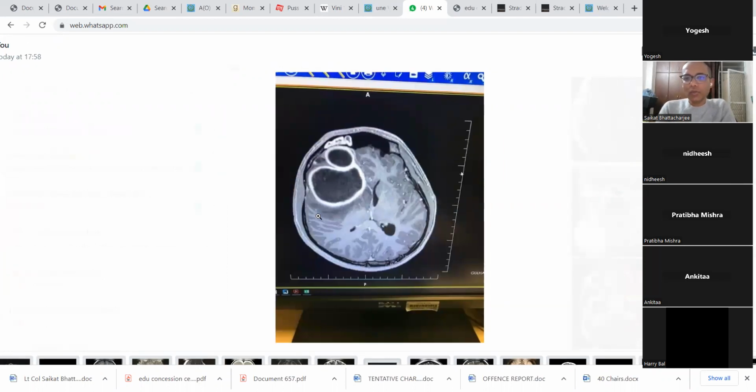Yes, Yogesh? Pilocytic astrocytoma. Nidesh? Cerebral abscess secondary to frontal sinusitis. You can see enhancement in the right frontal sinus.